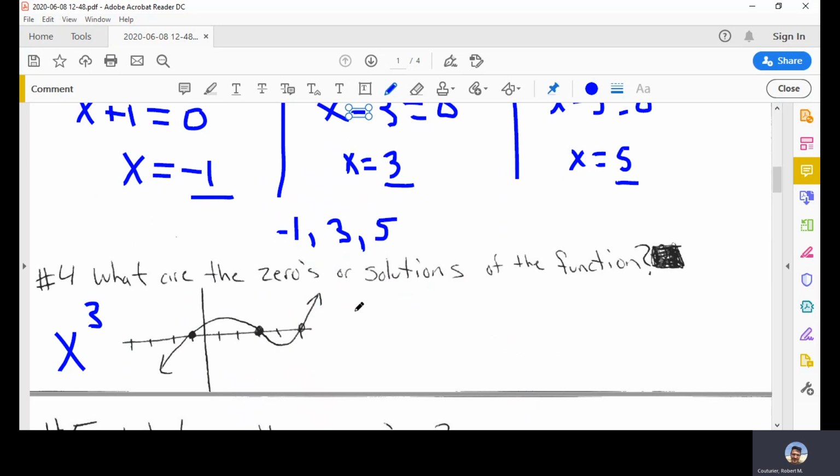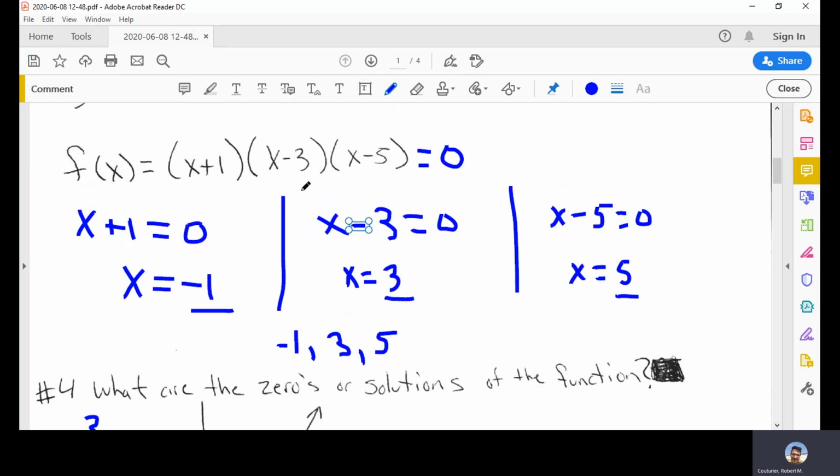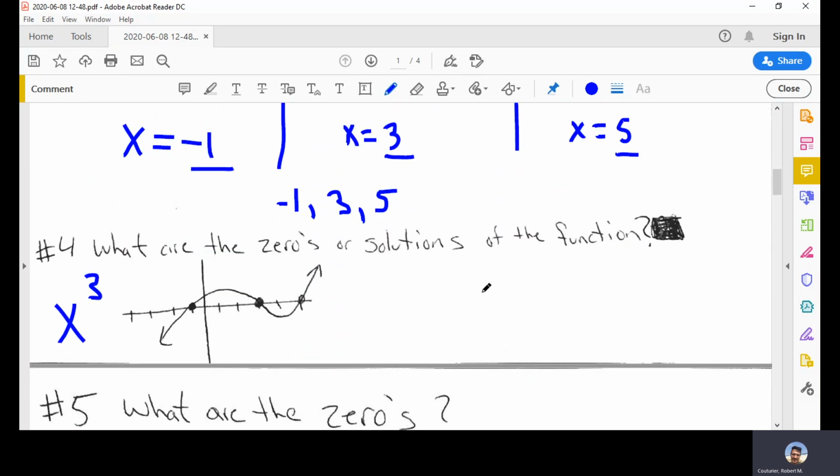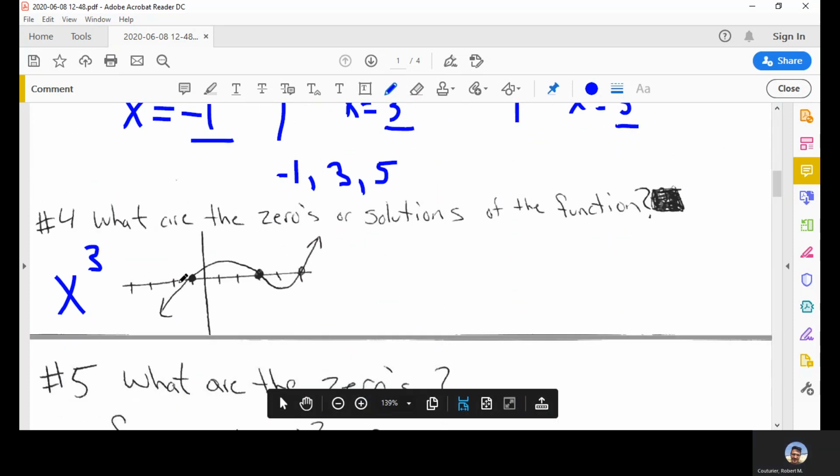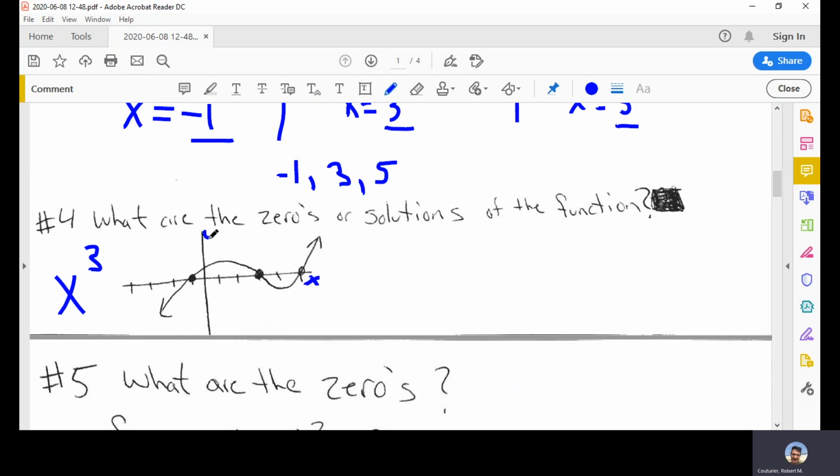So therefore, they translate this zero product rule to a graph and expect you to be able to solve it. Remember, I told you several times that they asked you for the zeros, they asked you for the solutions. They may also ask you for the x-intercepts. Can you find x-intercepts here? Well, this is our x-axis. This is the y-axis.